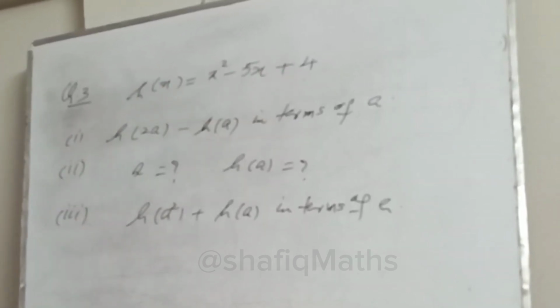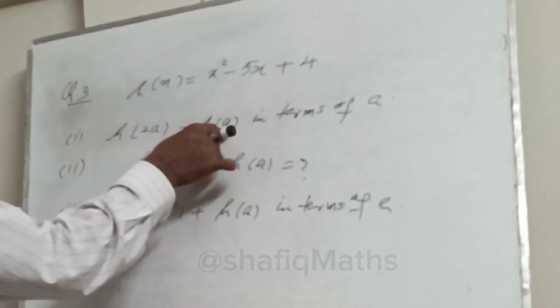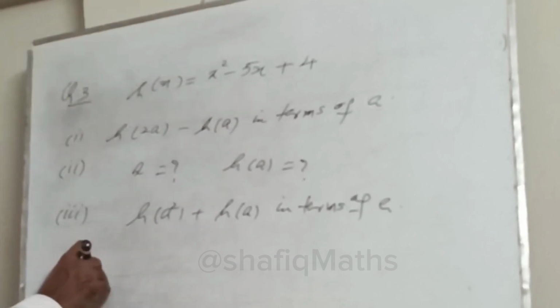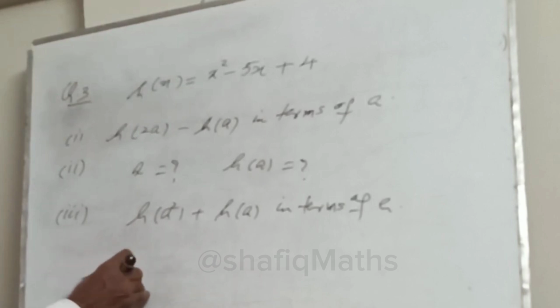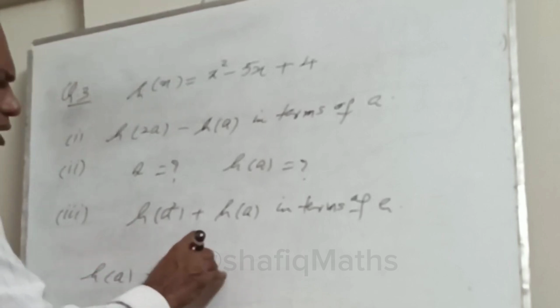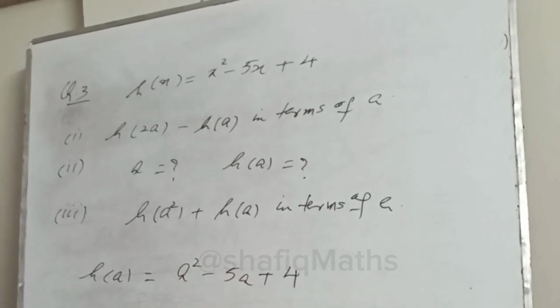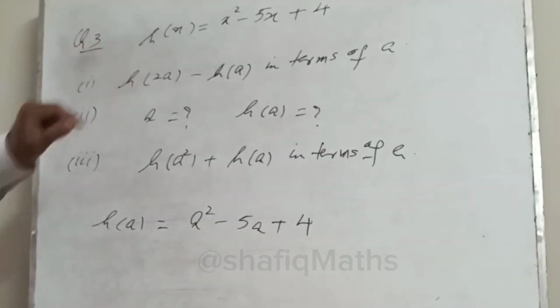So first of all, we are finding the value of h(a). We are replacing x by a in this equation. Therefore, h(a) will be a square minus 5a plus 4. This is the value of h(a). Now we are finding the value of h(2a).